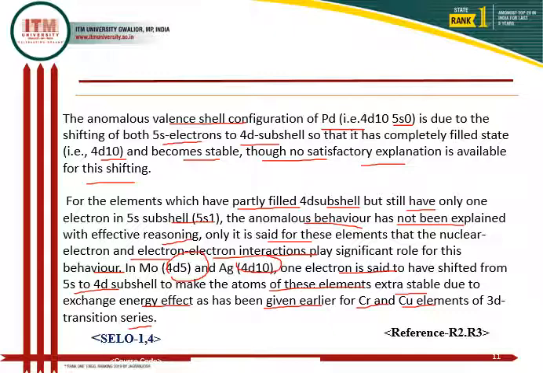So the reason they show this type of valence configuration, a complete filled or half filled d subshell, is better explained by the extra stability due to the exchange energy effect.